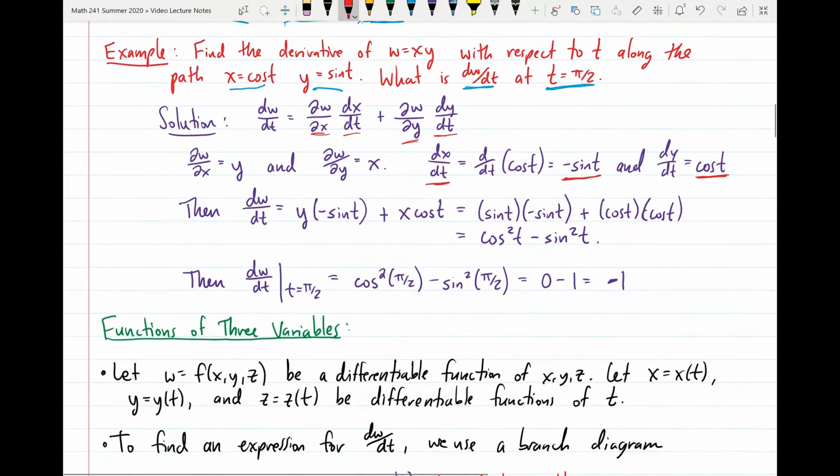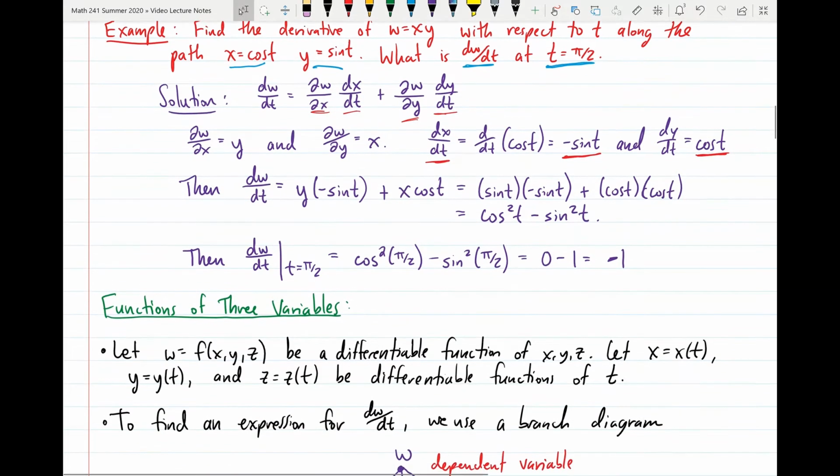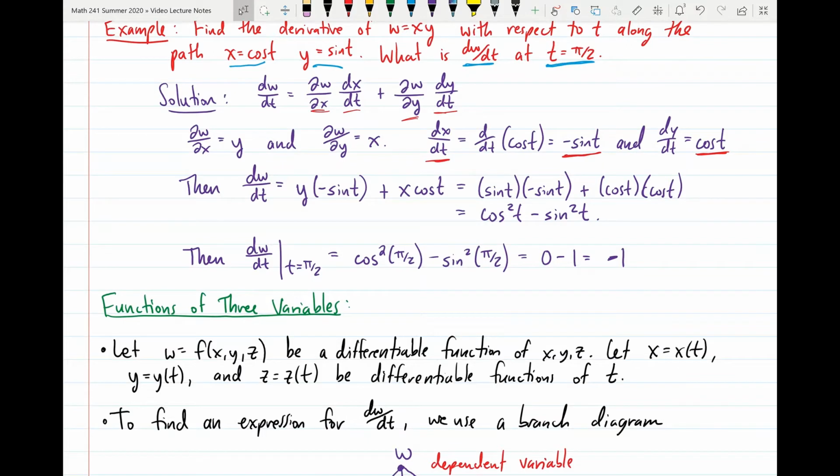And now we can just substitute all of these different expressions into the equation for dw/dt, and we find that the derivative of w with respect to t is equal to ultimately cosine squared of t minus sine squared of t. One thing to note here is that when we first substitute, we still have these lingering y and x variables inside of our expression for the derivative of w with respect to t.